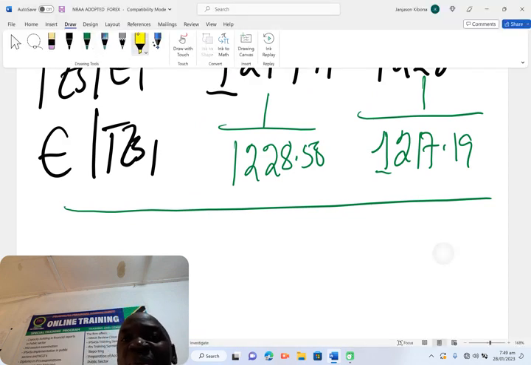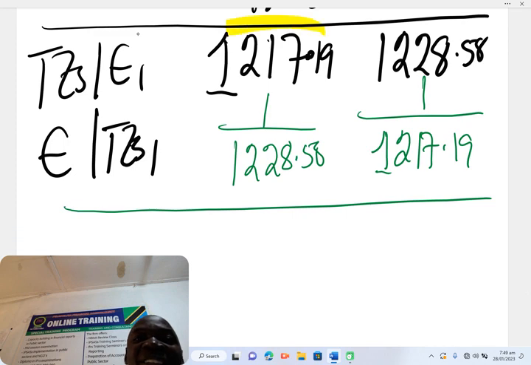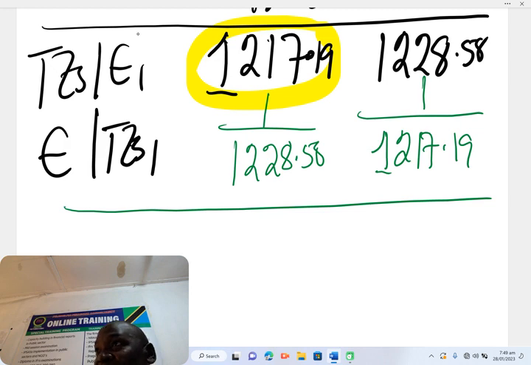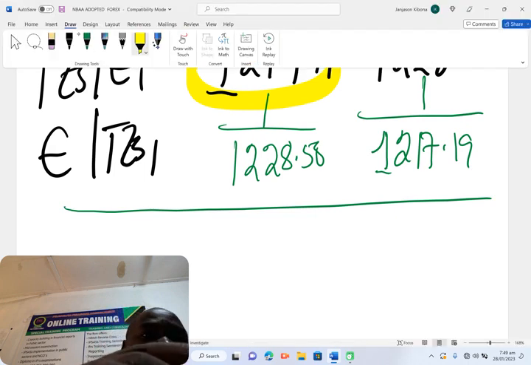I'm now going back to my situation. If a bank wants to buy 1 euro, it will pay 12.17.19 to a customer. So if a customer is selling, a bank is buying. So at this point, now I'm writing something.